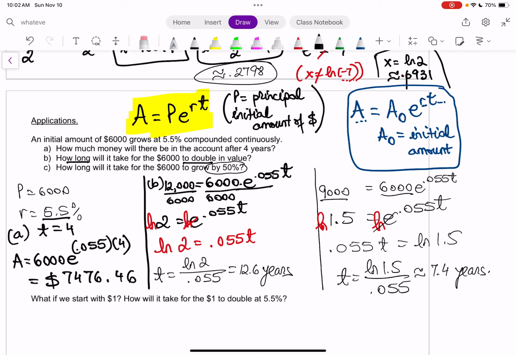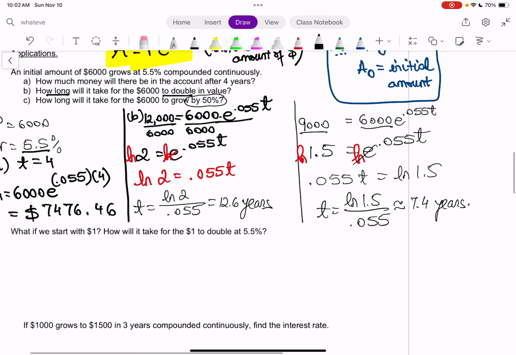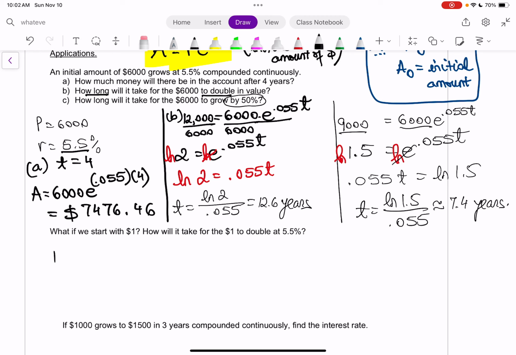So we started with $6,000, and it took us 12.6 years to double this amount. So what I want to show you is that if we start with $1, so in other words, our principal is just $1, and we want to know how long will it take for the dollar to double, that means we want $2, yes?